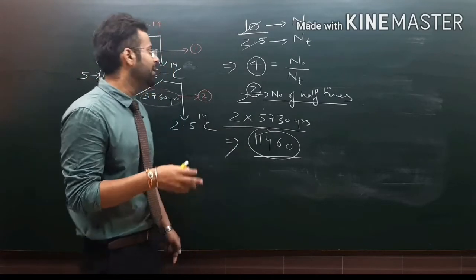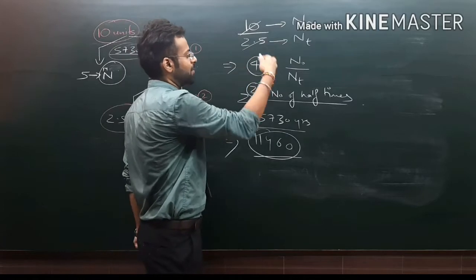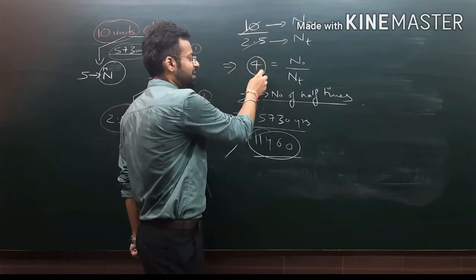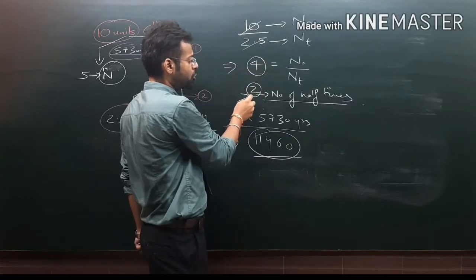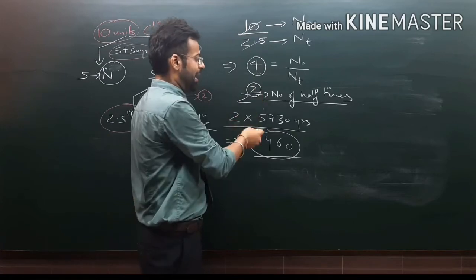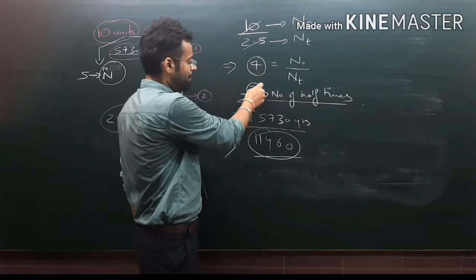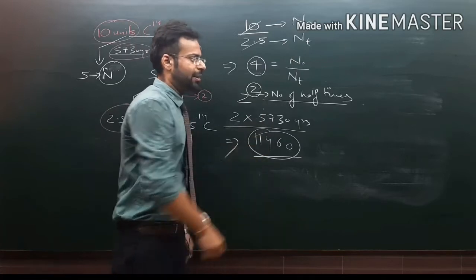And how did we calculate that? We found out how many times it decreased, and to reach that, to what power should we raise 2. After getting that number, we multiply it by the half-life and we get an exact answer.